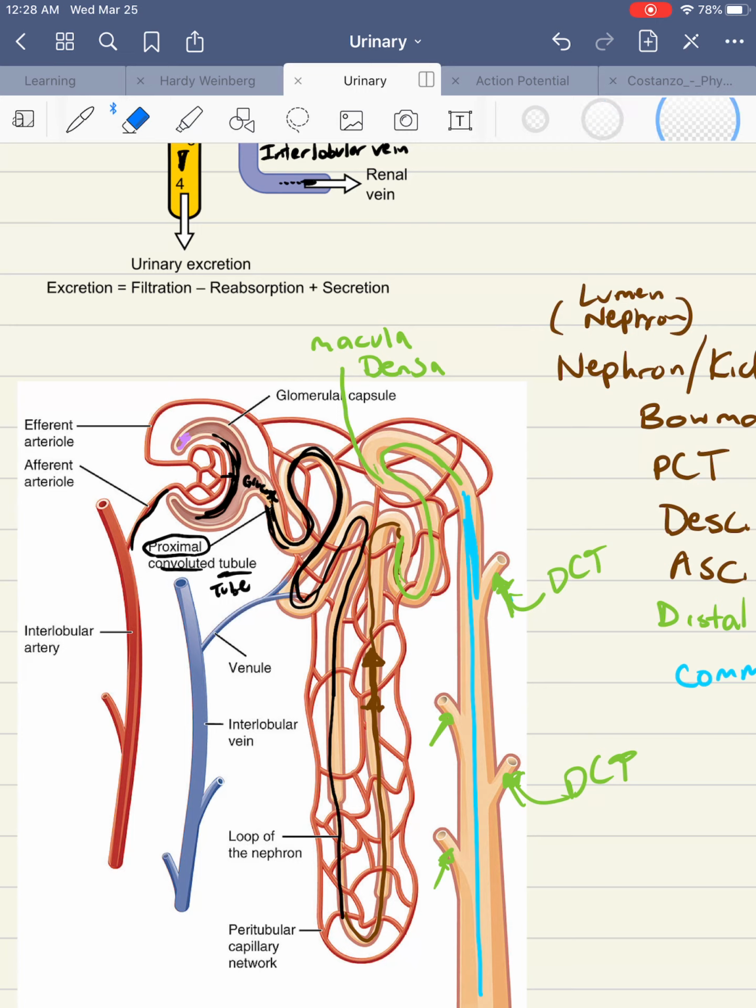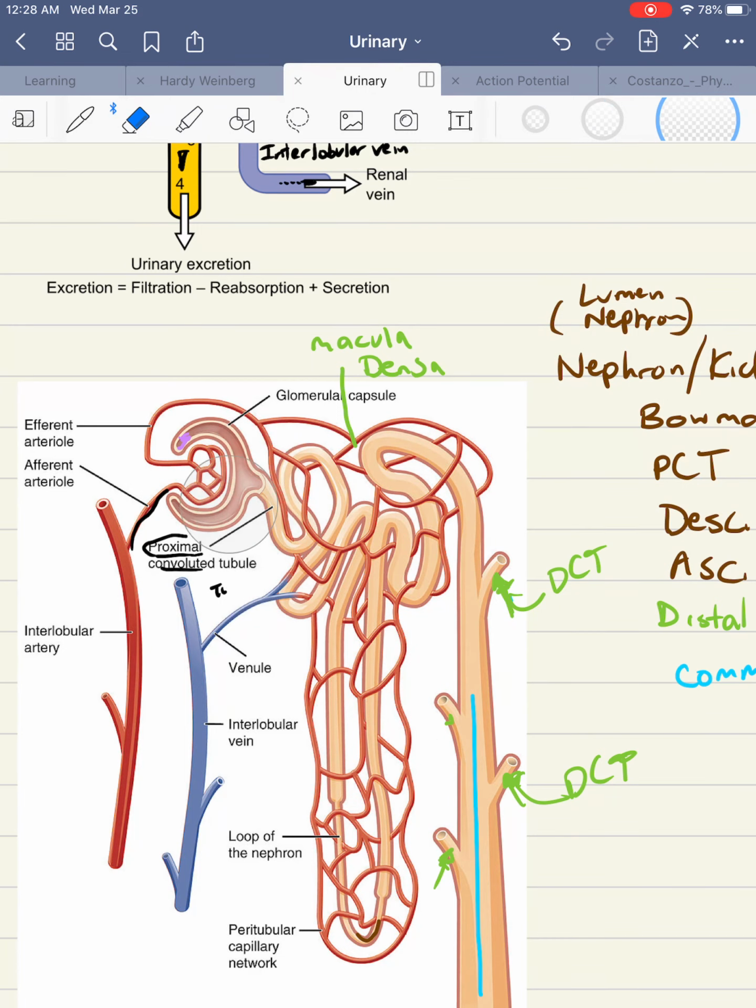I'm just going to erase this just to make it a little cleaner. Let's trace this flow. You're going to go through the bloodstream, your uric acid. You're going to go through the glomerulus right over here, and you're going to fit right in here, right? Uric acid, we don't want to reabsorb you.